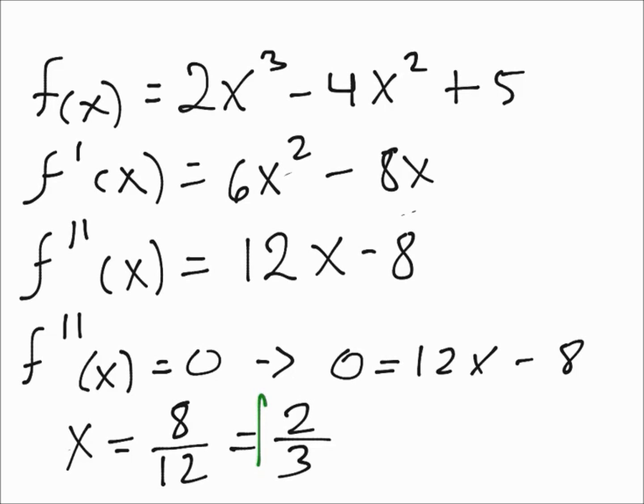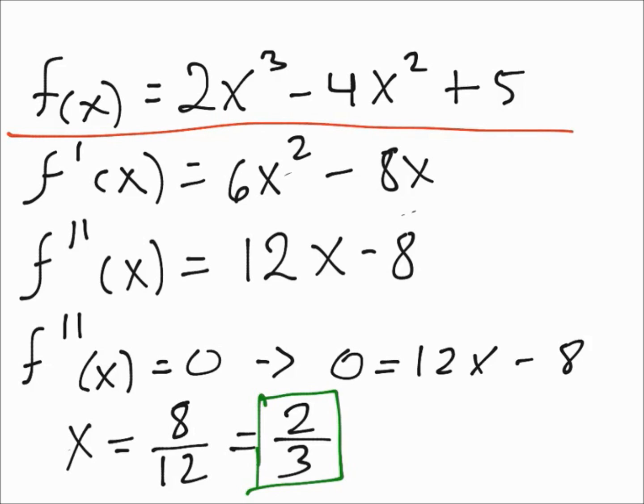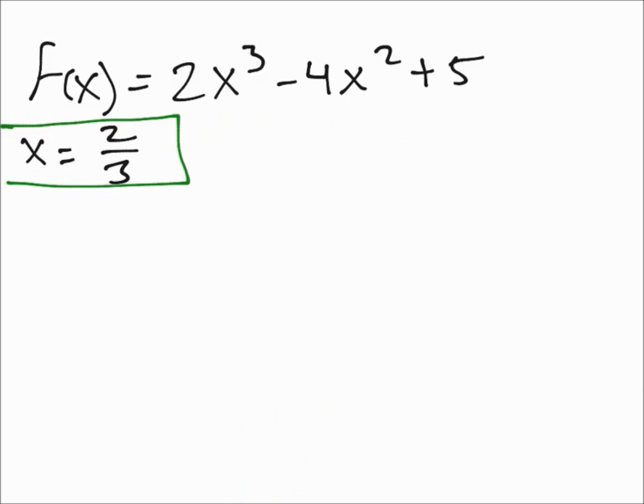So that's our first inflection point. Then you want to solve for y, in this case, plugging it into the original function. So you can just write this as y.